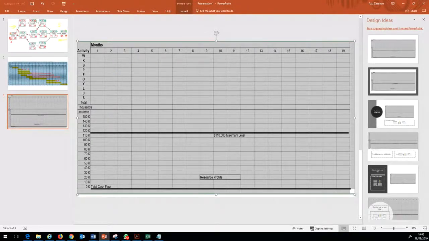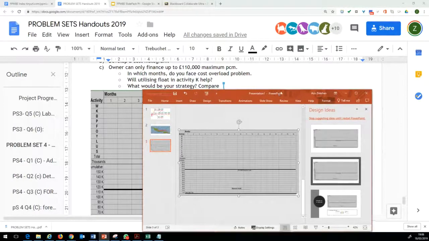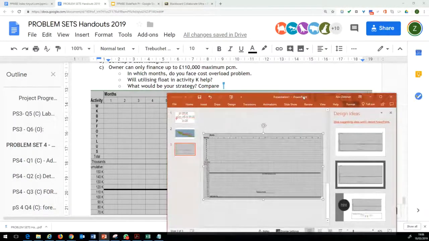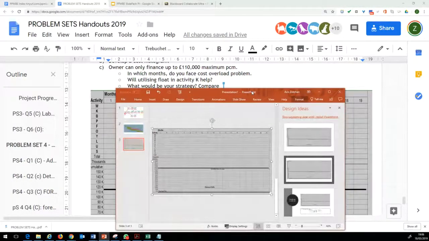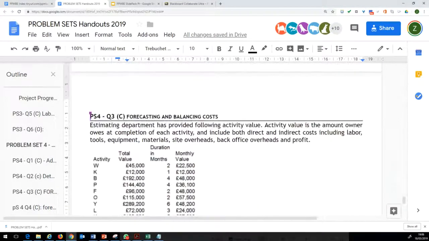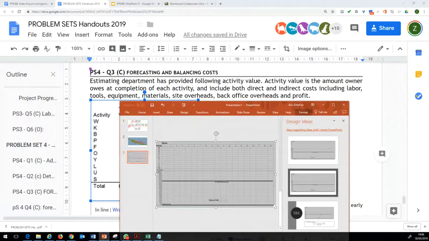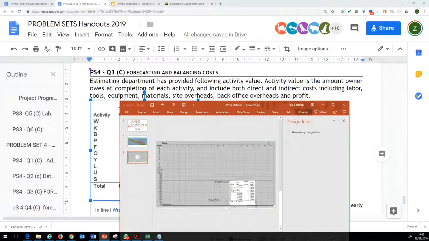Here, as PowerPoint allows us to edit, we could start by looking at our table, and there are two things we have to keep in consideration. First is monthly outgoing. So let me bring both of these pieces of information.